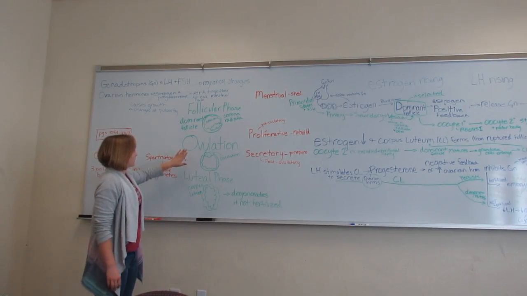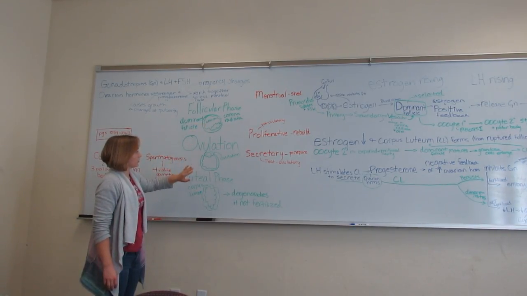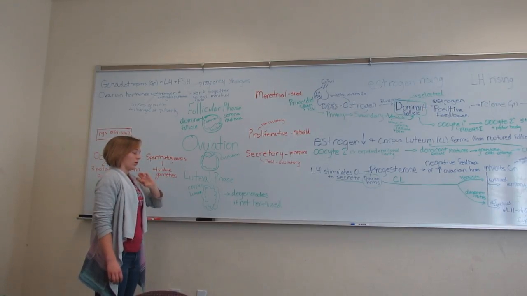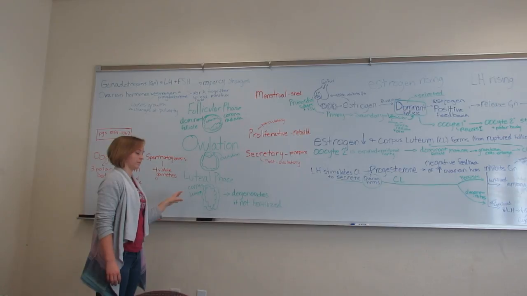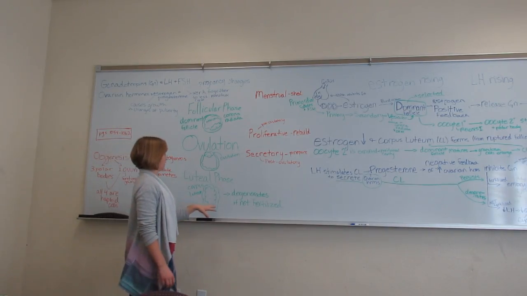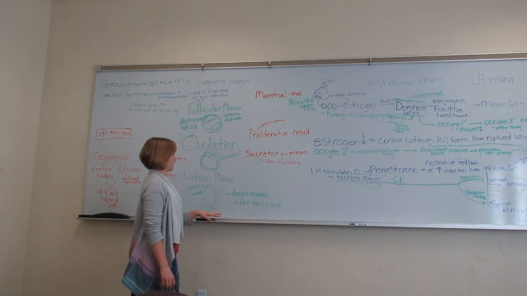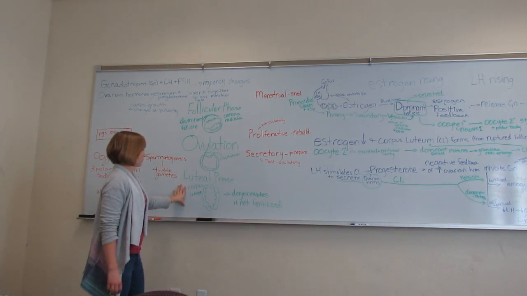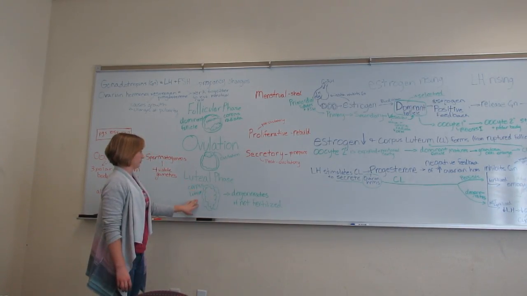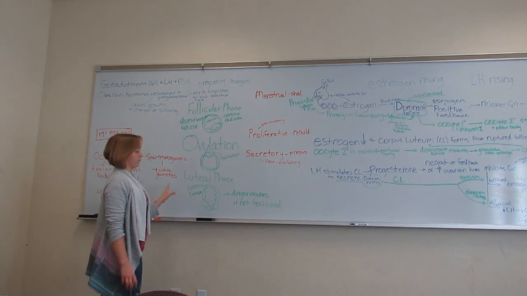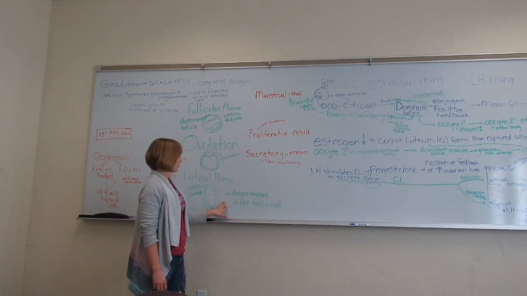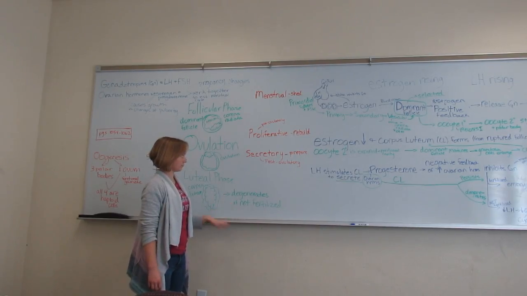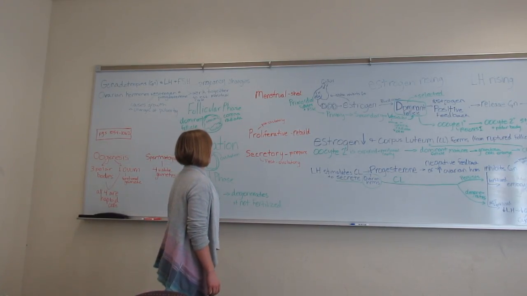And then the next step is ovulation, which is when the follicle is ruptured and it exits the ovary into the peritoneal cavity. And then we have the luteal phase, which is the corpus luteum is formed, which kind of looks like a popcorn ball. And if it is not fertilized, it degenerates.